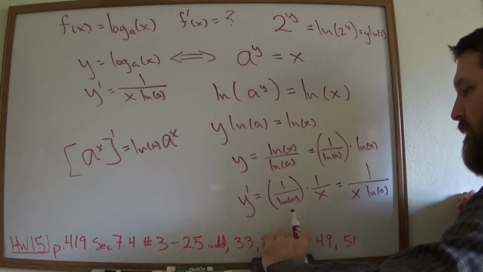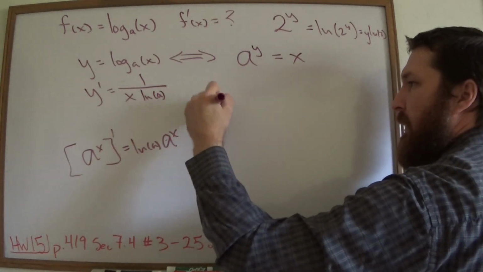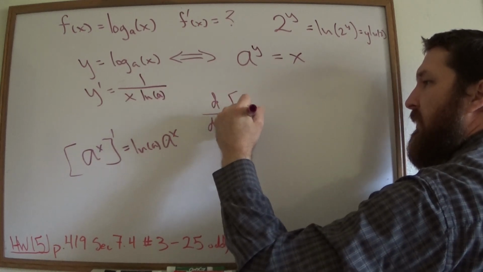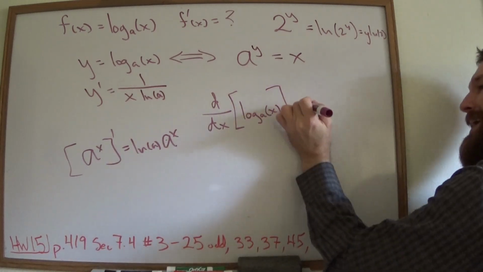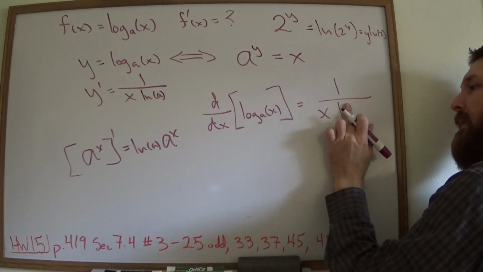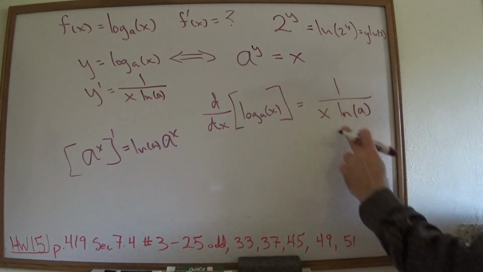So altogether now, we could rewrite that as d dx of log base a is 1 over x times the natural log of a. There we go.